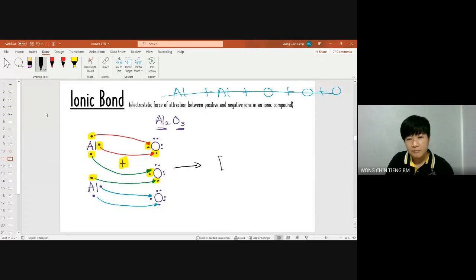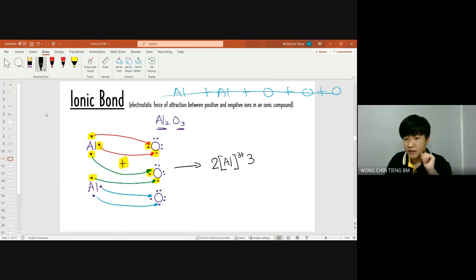Your aluminium over here, 1 aluminium will become 3 positive. Because 1 aluminium donate 3 electron. But I have 2 aluminium. 2 bukan duduk bawah, 2 duduk atas. Nampak beza? Same thing goes to your oxygen.